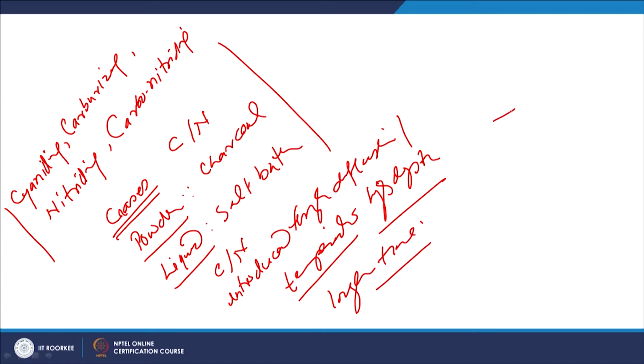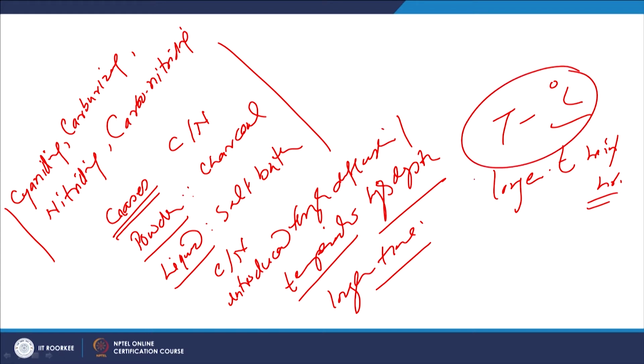So basically the higher temperature and the longer time, these are the two main troublesome areas. It may be in minutes or in hours as per the process. Longer time at higher temperature is a problem, especially in the case of carburizing, cyaniding and carbonitriding processes.